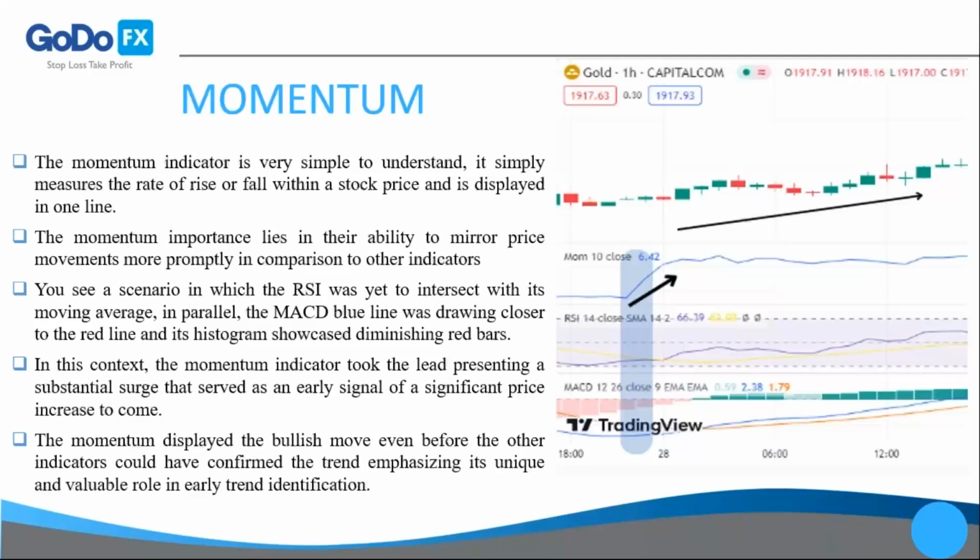So you notice a significant increase on the momentum indicator, providing an earlier signal in comparison to other ones. The momentum displayed the bullish move even before the other indicators could have confirmed the trend, emphasizing its unique and valuable role in early trend identification.